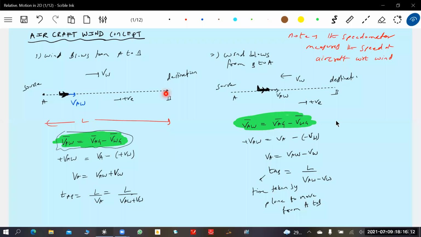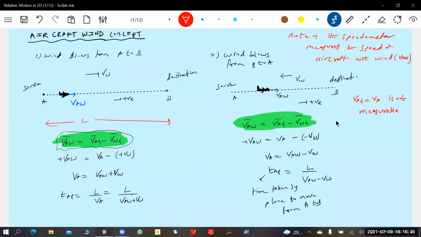So to move from A to B, what is the velocity of the plane with respect to ground? That is what is needed, and this is not measurable. So what is measurable? VAW is measurable. The speedometer measures the speed of the aircraft with respect to wind. That is VAW. VAG or VA is not measurable.